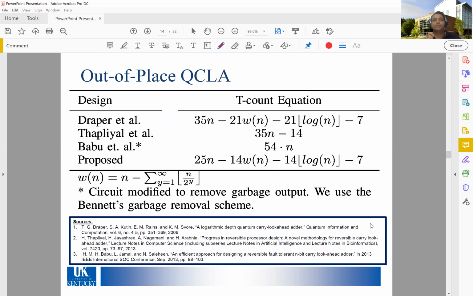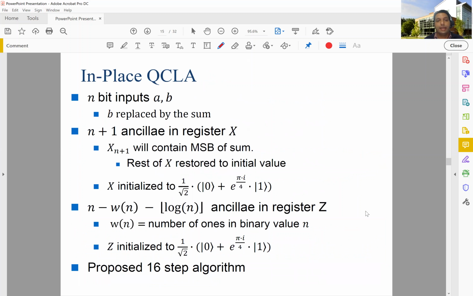If you perform some computation, you will see that this gate has the lower T count, and we are just using T count for calculation. But the underlying idea is that this gate will have the overall total number of gates less than the existing approaches.